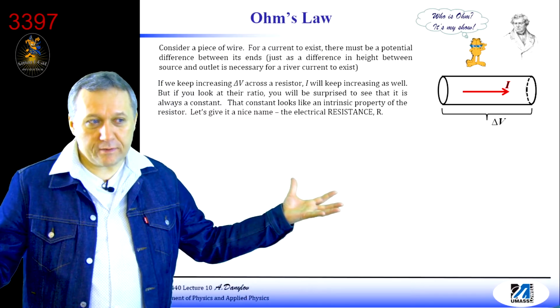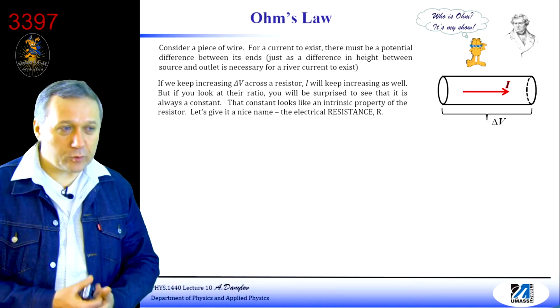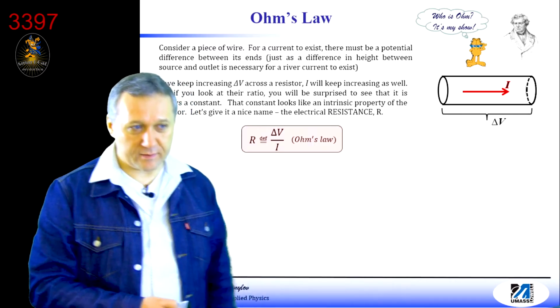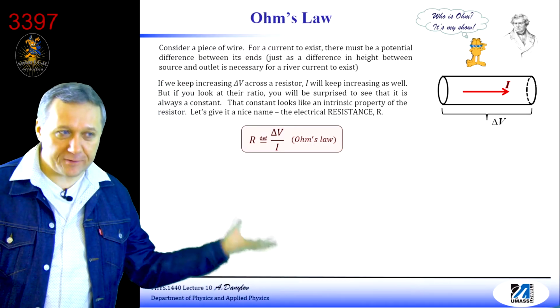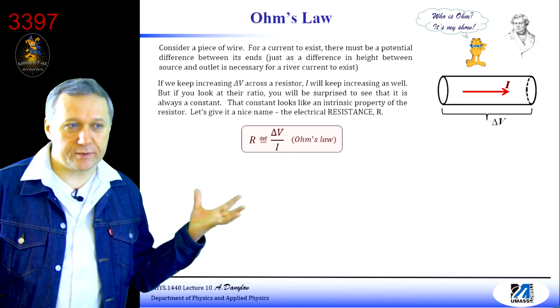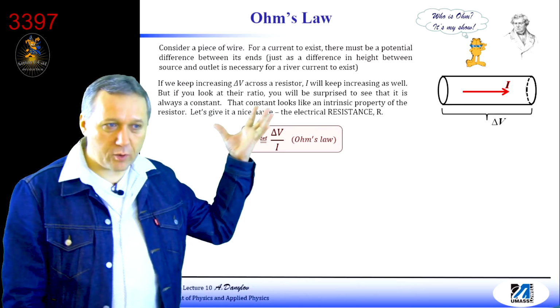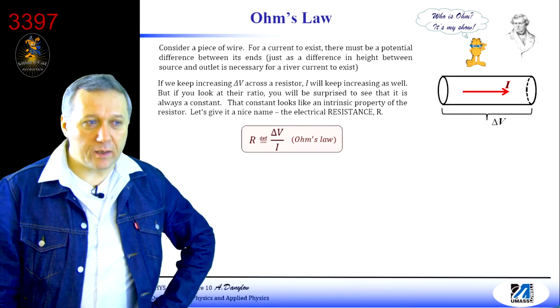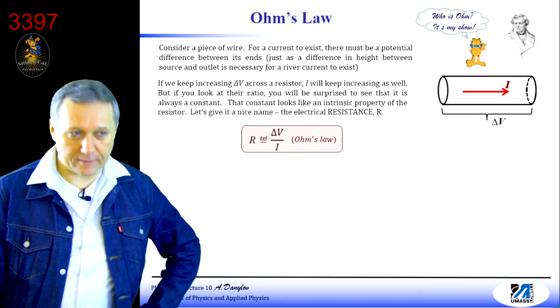Okay, if that's how it works, let's give it a nice name: resistance. So resistance, by definition, that's how we introduce it, is the ratio of the potential difference across a conductor divided by the current which goes through that conductor.